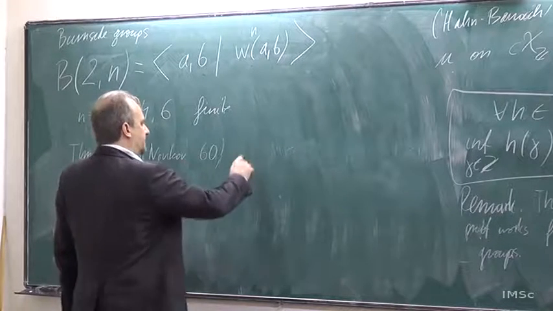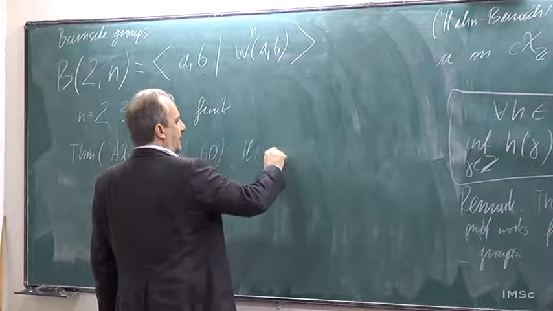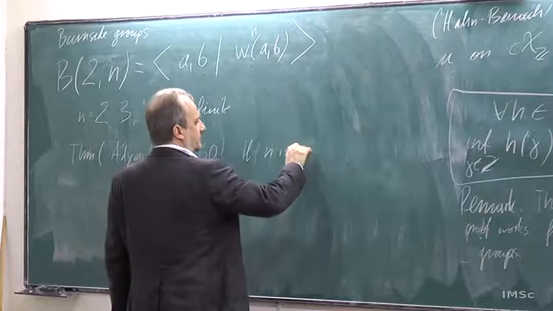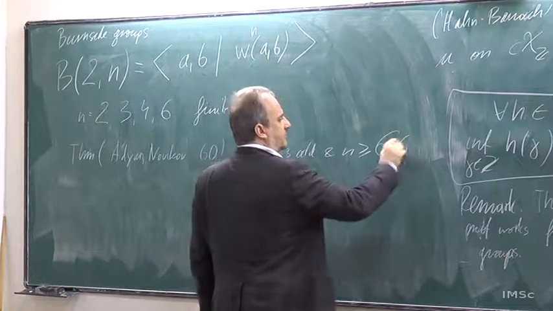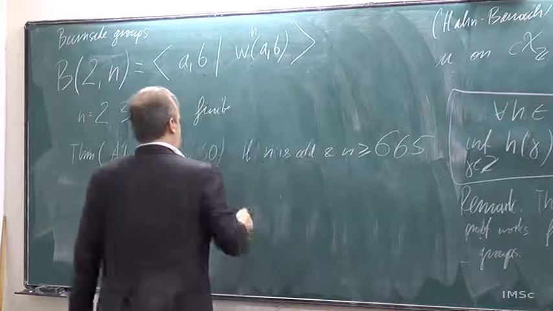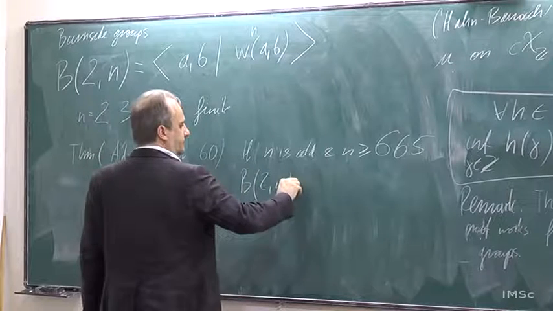So the theorem says that if n is odd and sufficiently large, this group is infinite.